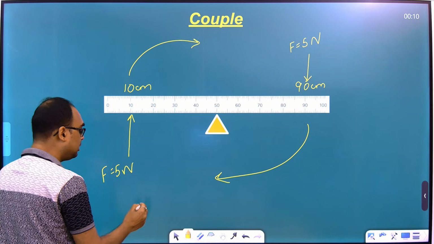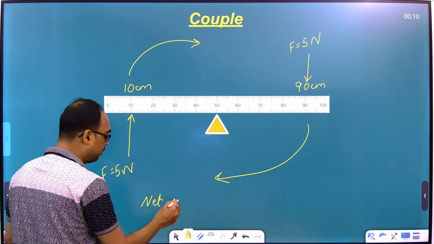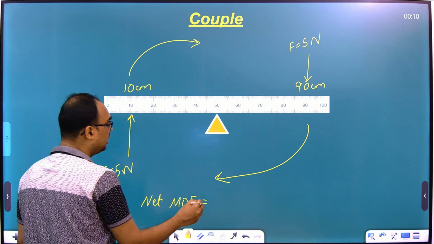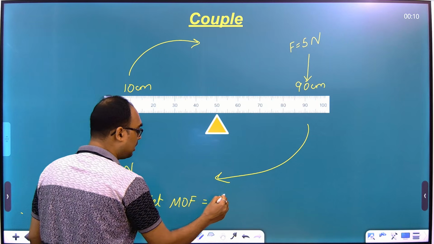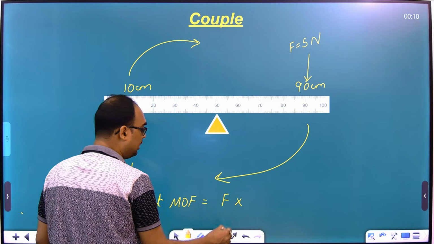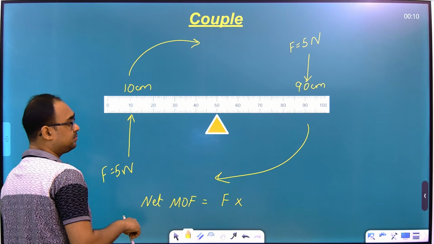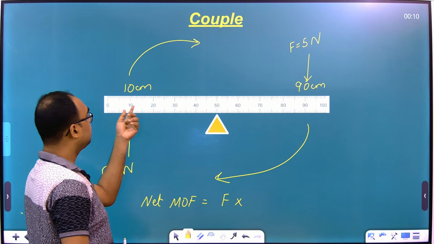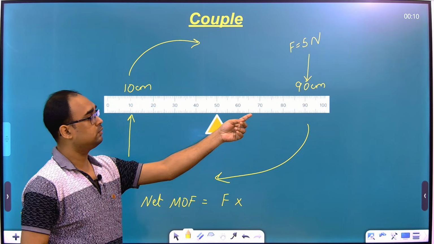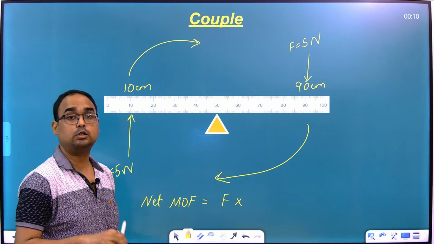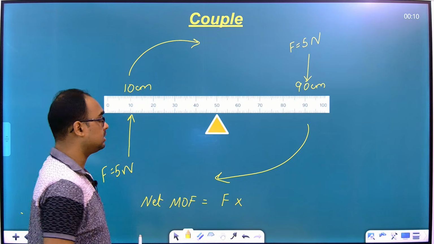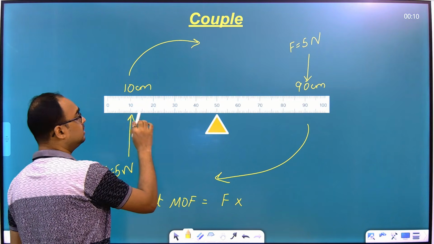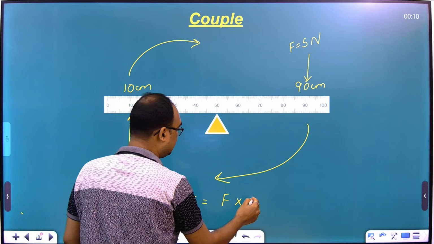To find the net torque or the net moment of force, just do one thing: use the force value into the total distance from one force to another force. The total distance is 10 to 90, that's 80 centimeter.